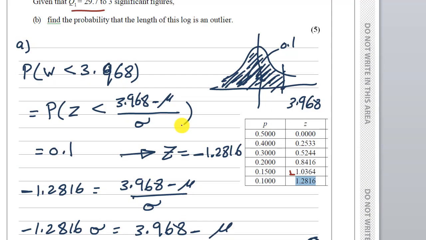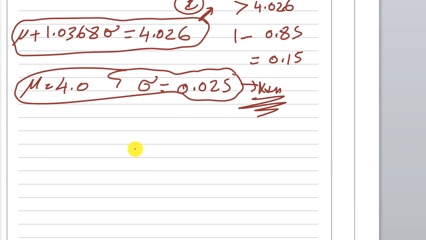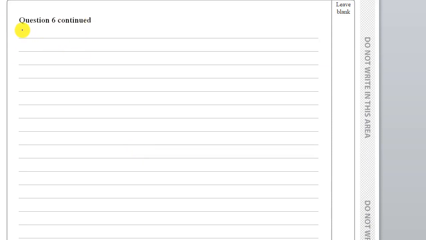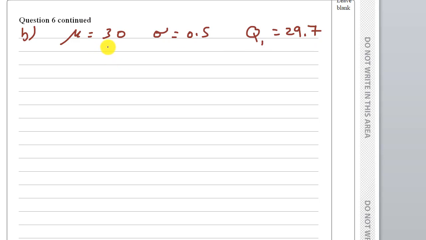So let us start to solve this part. This is part B. We have mu is equal to 30 and sigma is equal to 0.5. Q1 is equal to 29.7. According to the mean, Q1 plus Q3 divided by 2 is equal to 30.